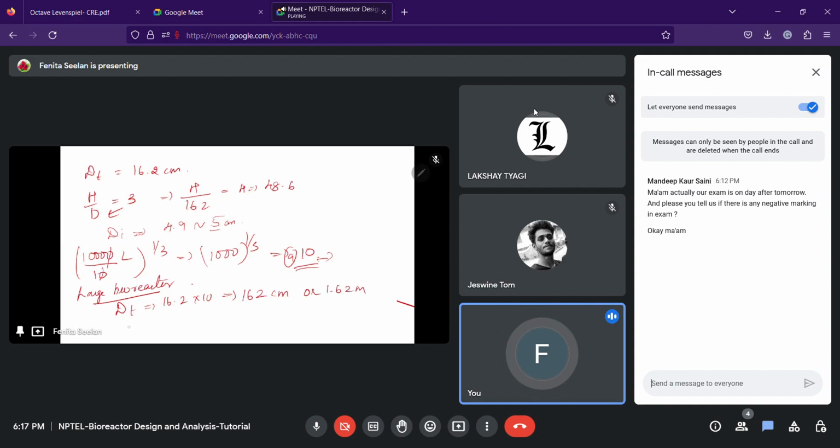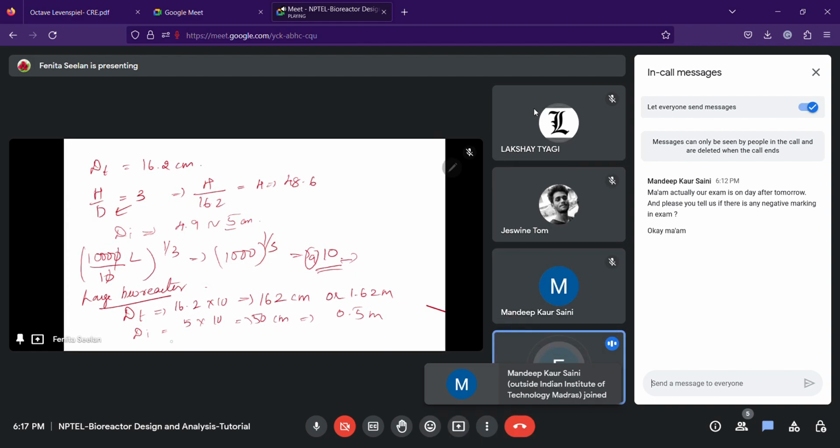Similarly, your DI, it was given as 5 centimeter, right? So it will be 50 centimeter, correct? So 50 centimeter is 0.5 meter, right?